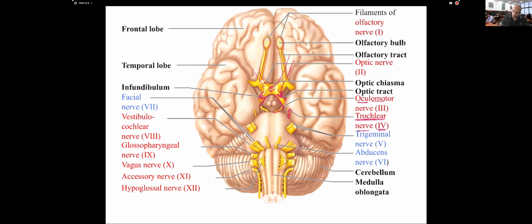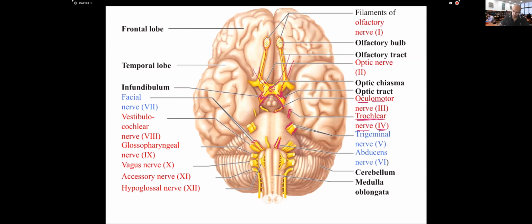Next, coming from the pons, is going to be cranial nerve number 5, 6, and cranial nerve number 7. So what are those cranial nerves that you see on here?